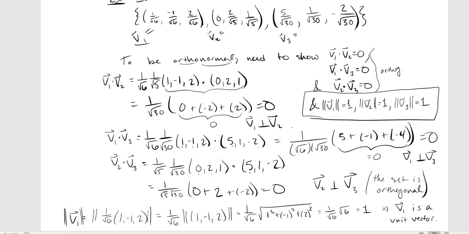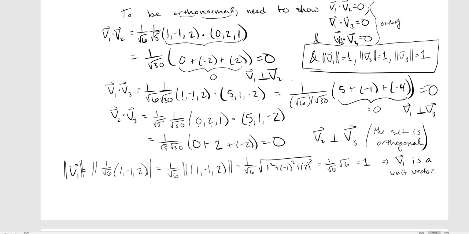And we have to check this for the other two as well, for the V2 up here and the V3. Maybe I'll go through that very quickly right here. You can check my work. For V2, it looks like I get 1 over root 5 times the root of 0 squared plus 2 squared plus 1 squared. That's root 5 over root 5. We get 1.